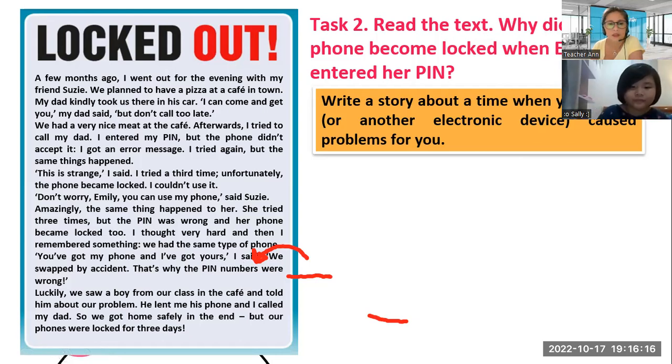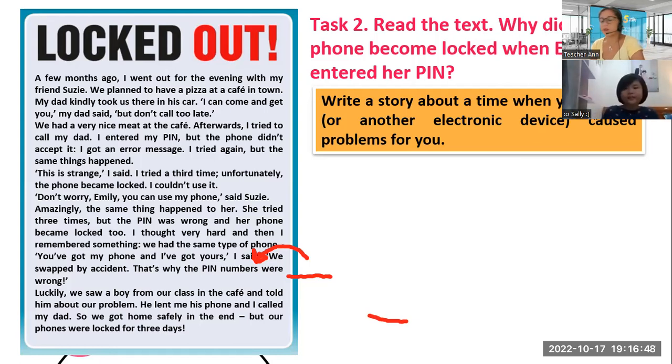Oh, I said, we swapped by accident. That's why the PIN numbers were wrong. Luckily, we saw a boy from our class in the cafe and told him about our problem. He lent me his phone and I called my dad. So we got home safely in the end. But our phones were locked for three days.